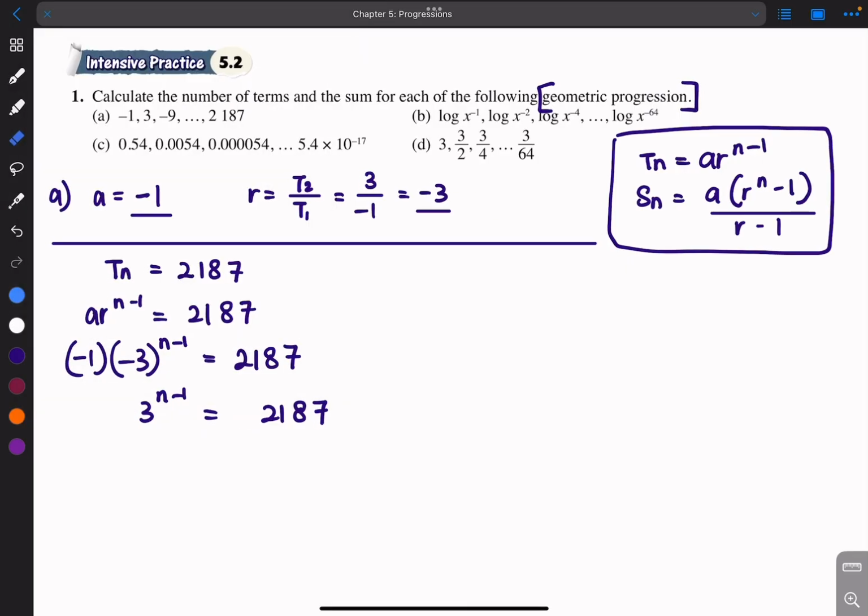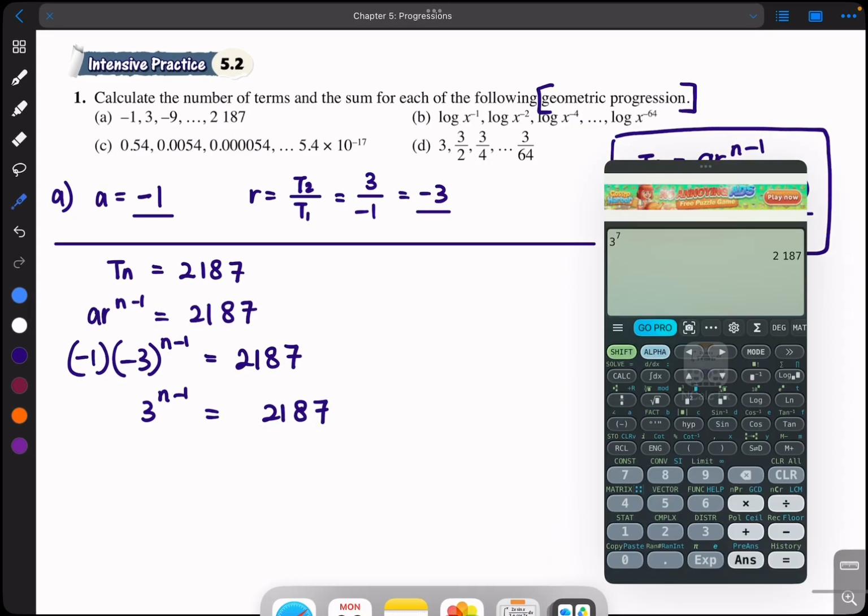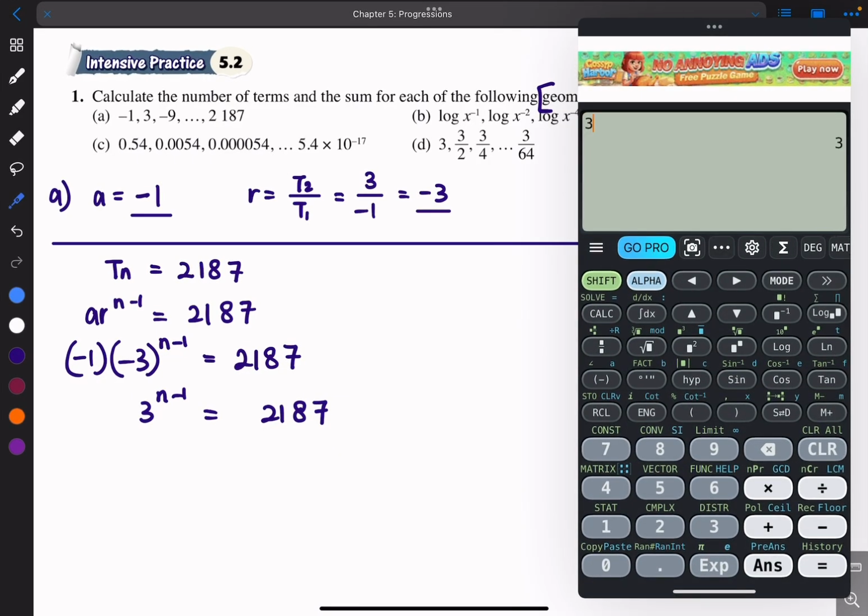So erase this. And this is 3 to the power of something. 2187 also can be made 3 to the power of something. So we can try 3 to the power of 8. No. 3 to the power of 7, yes. So 3 to the power of 7 is 3^(n-1).